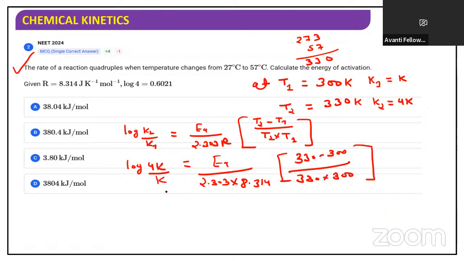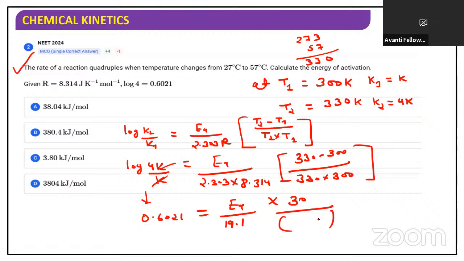So this is what you will get. The value of log 4 is already given in this question, 0.6021. This is Ea. On solving, you'll get 19.1, and this is 30, and when you multiply 330 into 300, what will you get, beta? You'll get the value, right?